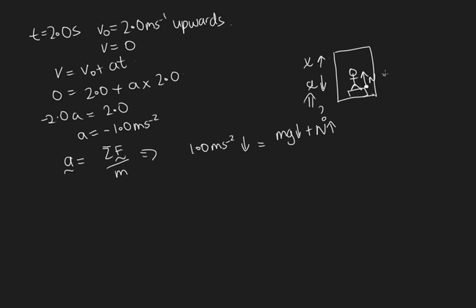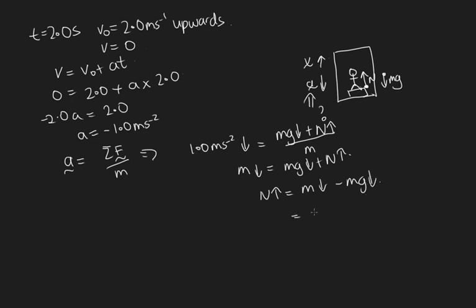So he's got this normal force and he's got mg, and these are the only two forces acting on him, and as a result of these two forces he undergoes this acceleration, and then we need to divide by the mass of the man. So we've got that 1 times the mass of the man, or the mass of the man in newtons going downwards, is equal to mg downwards plus the normal force upwards, and so the normal force upwards is equal to the mass of the man downwards minus mg downwards.